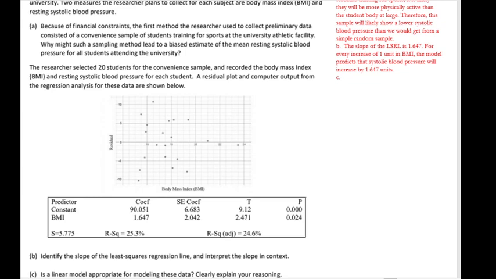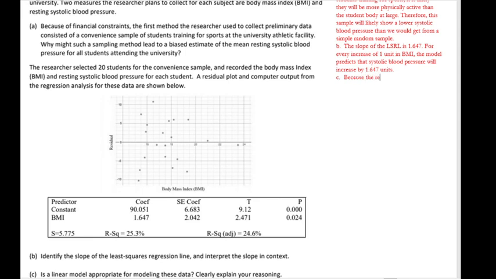So looking here, we see that points are scattered above and below 0. We don't have as much data out at the high end of BMI, but where we do, the plot does appear to be random.